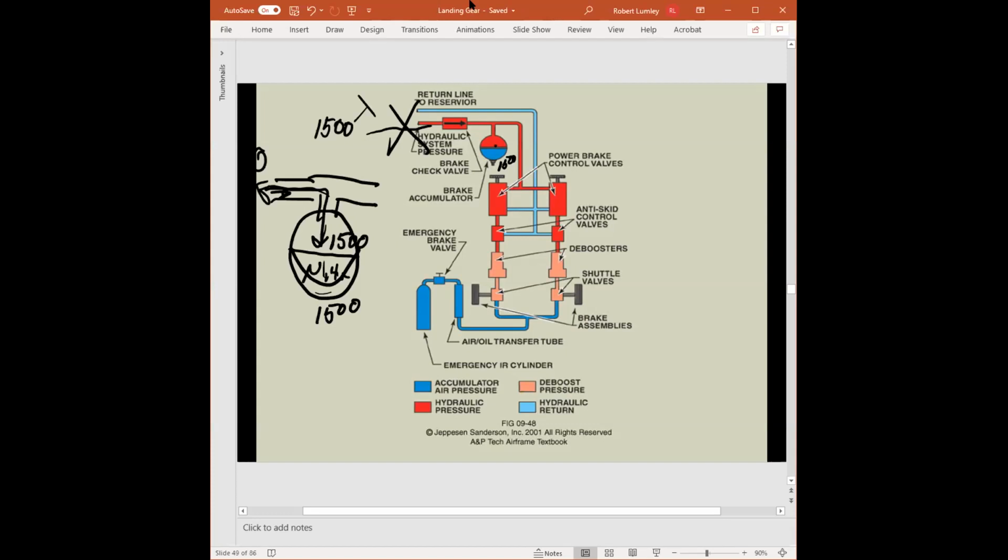And so the diaphragm would go like this, then go like this, and then go like this. So this could be 1500, this could be 750, and then there's 0 pressure. So every time we use it, the nitrogen expands and pushes out more fluid.